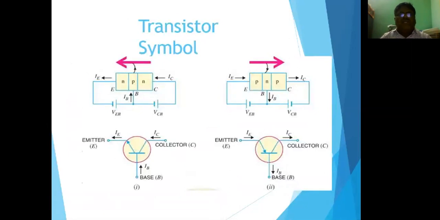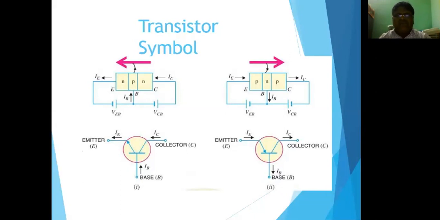Here are the transistor symbols: NPN transistor and PNP transistor. The above diagram is the construction of the NPN transistor, and the below diagram is the symbol of the NPN transistor. Every transistor consists of three terminals: emitter, base, and collector. I suffix E means emitter current, IC means collector current, IB means base current.